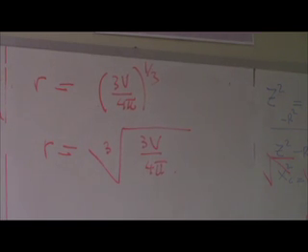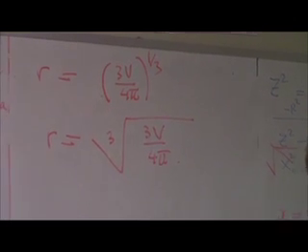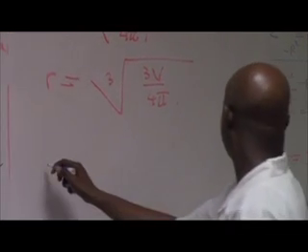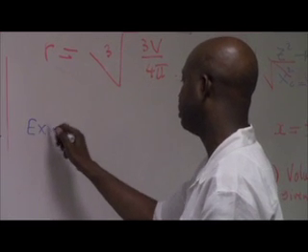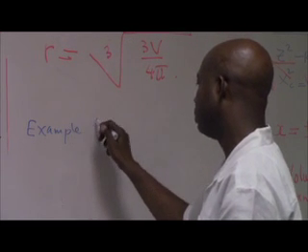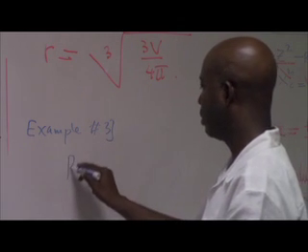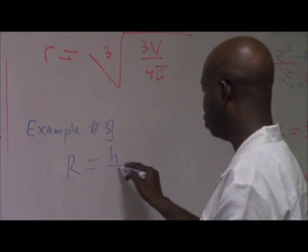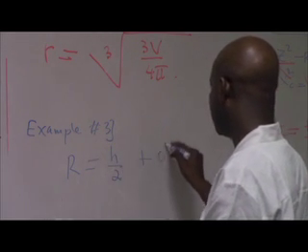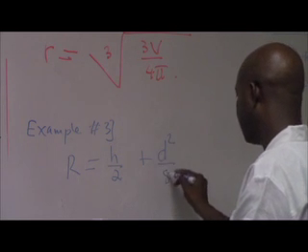Let's look at another example, this is example 3. So I have r is equal to h over 2 plus d squared over 8h.